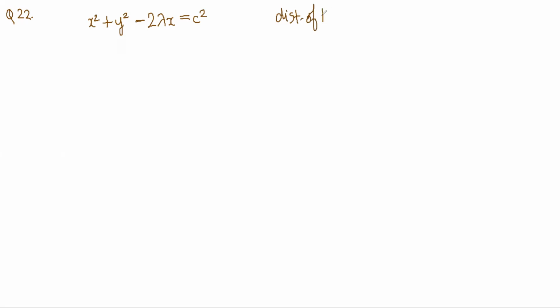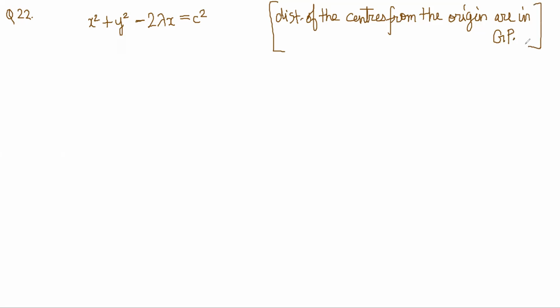Distances of centers from the origin. I'm not able to visualize the question. Length of tangent drawn to them from any point on the circle. These are also in GP. Prove that.